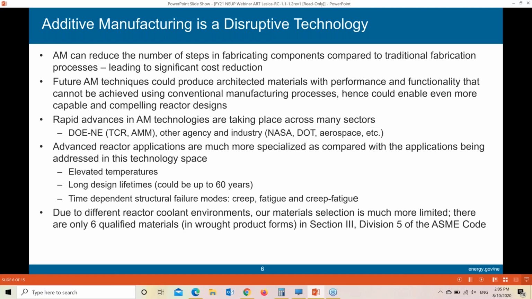There are a lot of advances going on right now in additively manufactured components, both within the nuclear industry as well as other agencies and other industries.